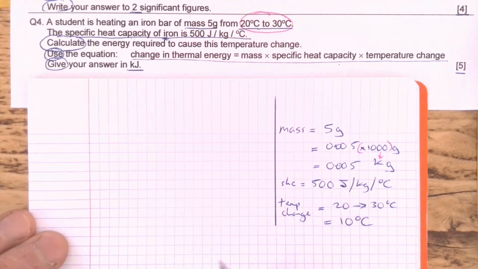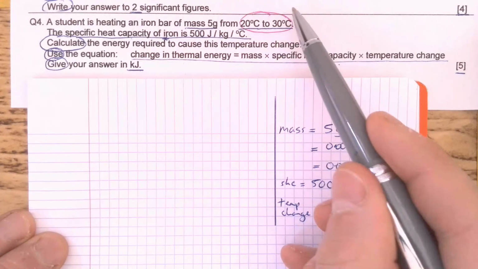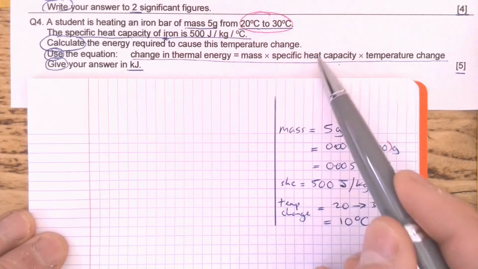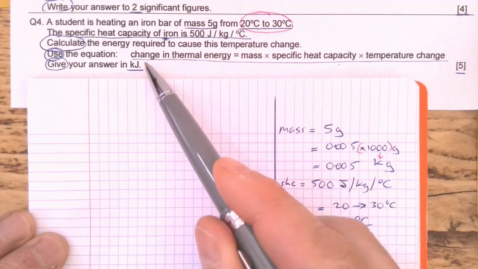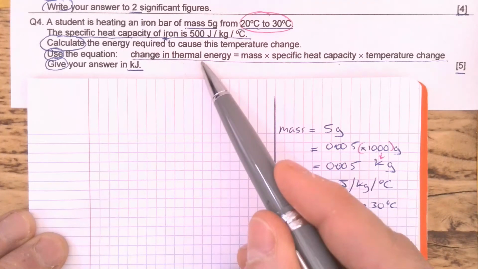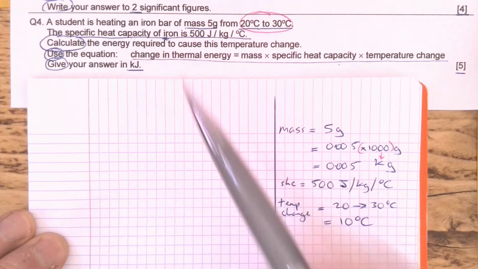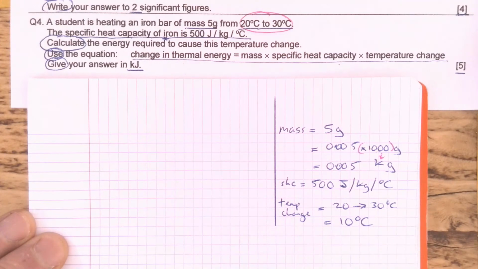Now I've got my 3 values: mass, specific heat capacity and temperature change. The only other thing I need to find is the change in thermal energy, which is the energy required, remember? So I'm going to put those values back into my equation. Let's do that now.